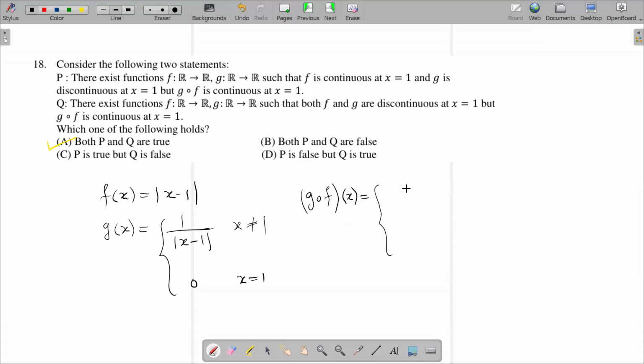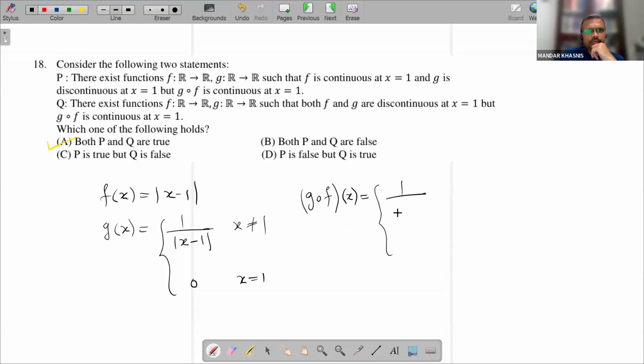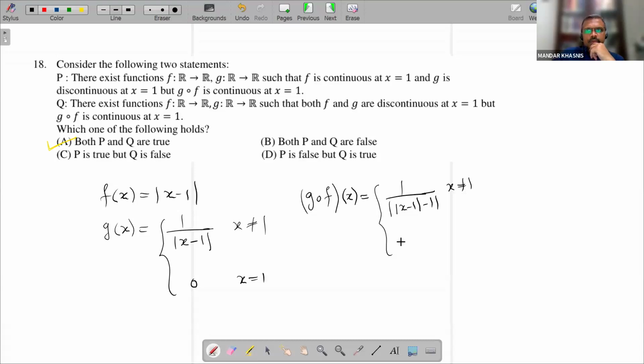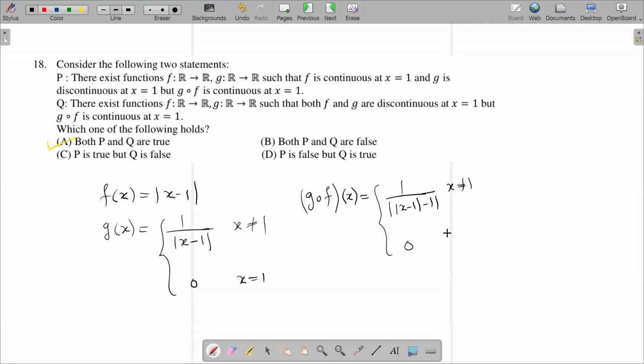It will be 1 upon modulus of x minus 1 when x is not equal to 1, and it will be 0 when x is equal to 1. Sorry, g compose f. I'm a little bit confused. Let me check.